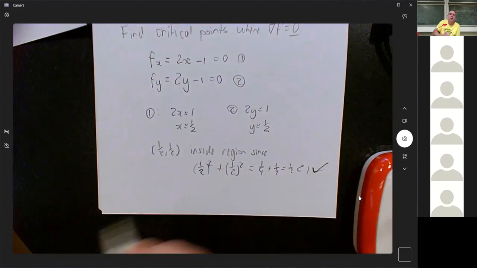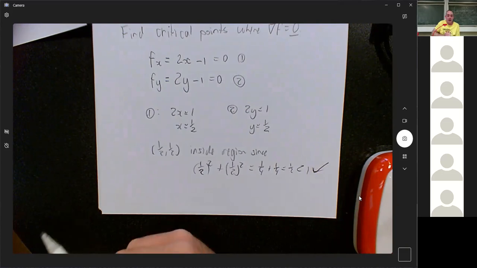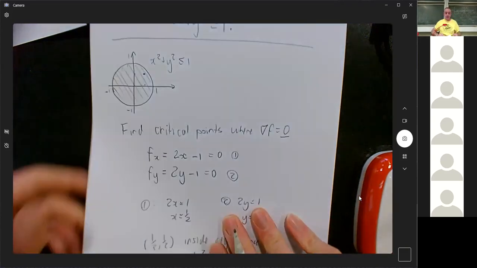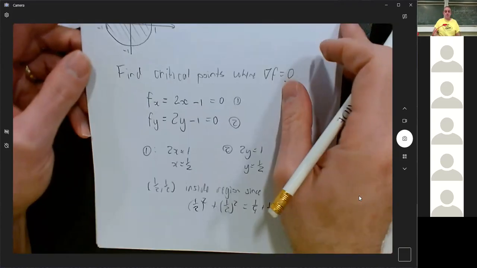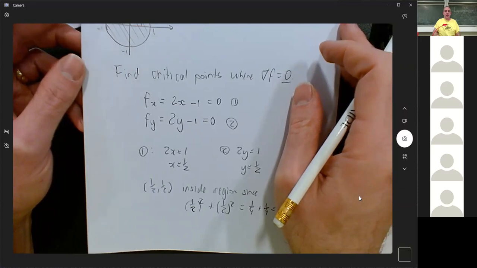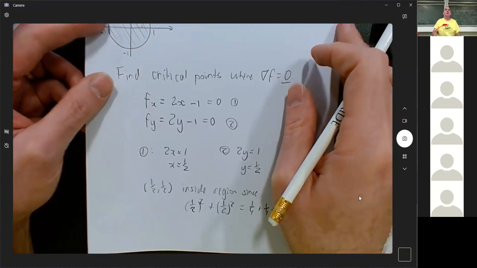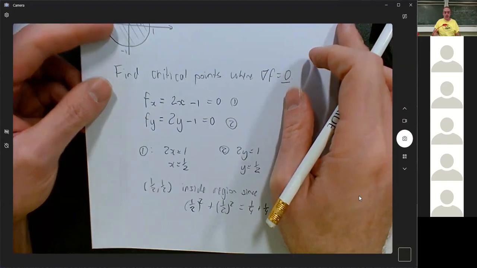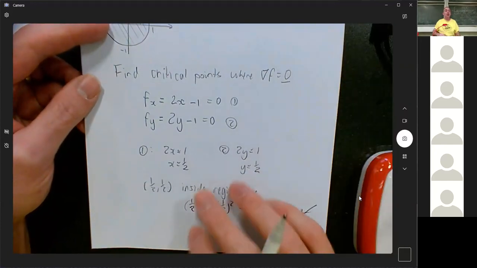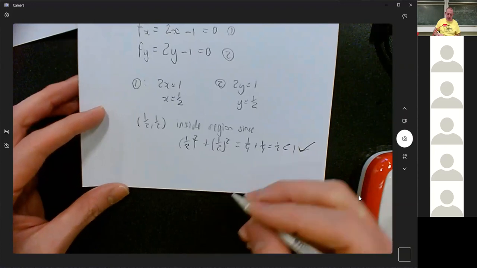It is definitely inside the circle. Cool. So that is going to be one of our places where the maximum or minimum could occur. And if I knew what the function value was at that point, then I would be able to figure it out. But I'll come back to that. So we have one critical point so far.